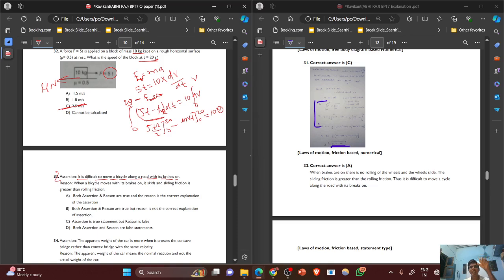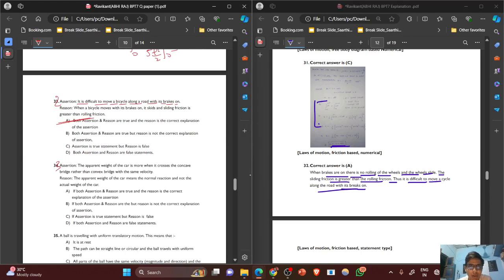When we apply the brakes, it skids because the sliding friction is greater than the rolling friction. Assertion is correct, reason is also correct, and reason is the correct explanation of the assertion. You can read the explanation of 32. When brakes are on, there is no rolling of the wheels, and the wheel slides. The sliding friction is greater than rolling friction, so it is difficult to move a bicycle on a road with its brakes on.